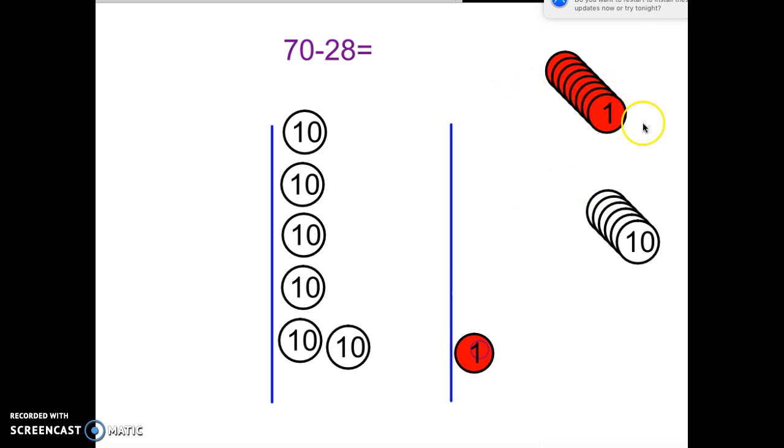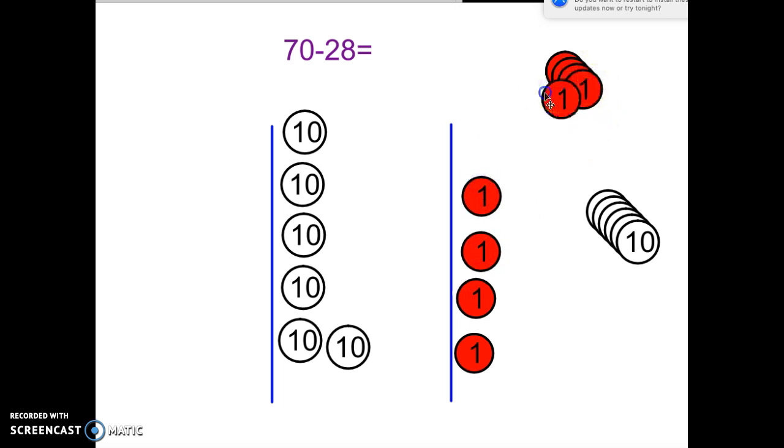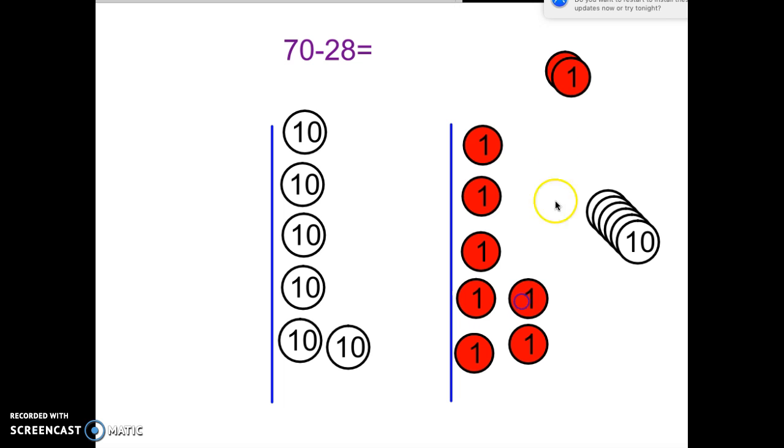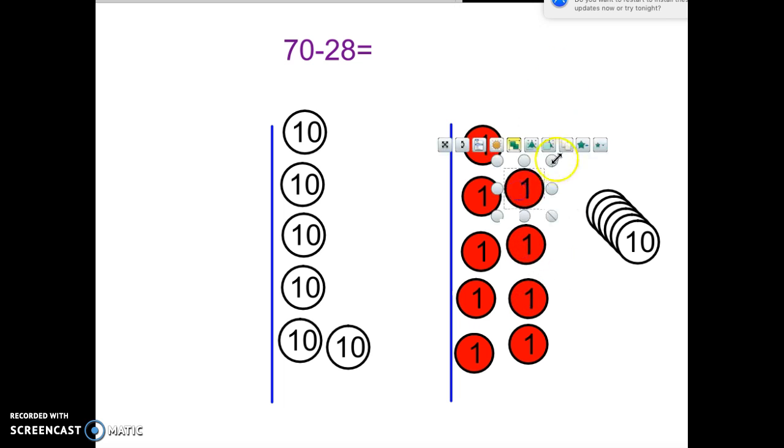So here's 1, 2, 3, 4, 5, 6, 7, 8, 9, and I need one more, 10. Okay, so I should still have 70. Here's 60, and 10 more is 70. So can I take away 28 now?